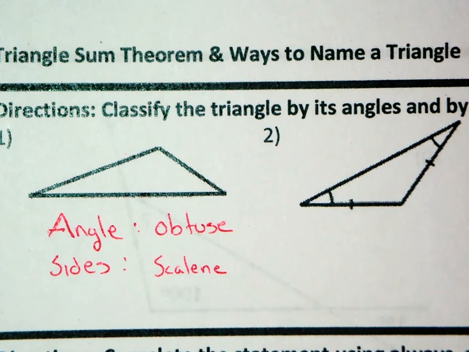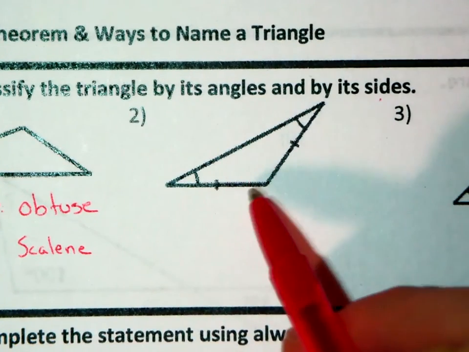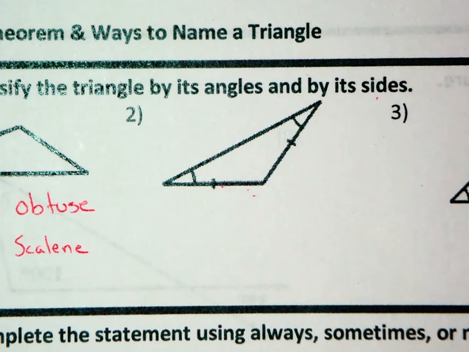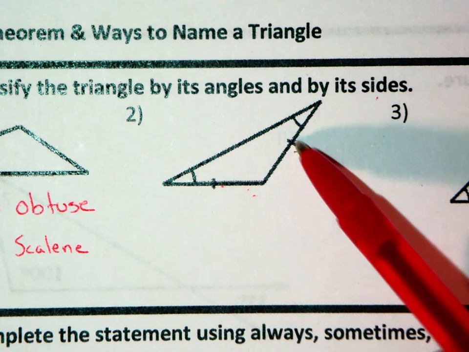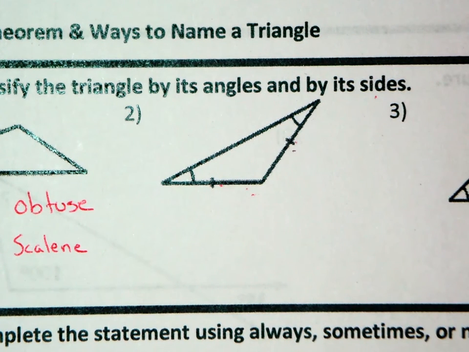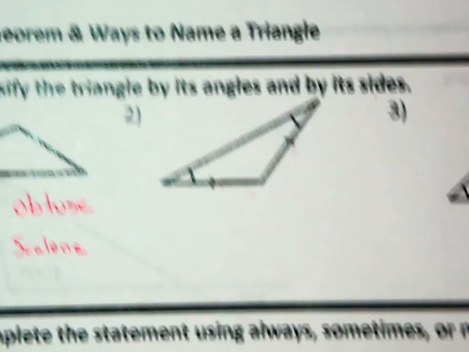And we could do the same basic thing for each of our other triangles. Again, I have an obtuse angle. Classify it by its sides. Well, I know it has two sides that are equivalent, so that would be an isosceles triangle. You get the idea.